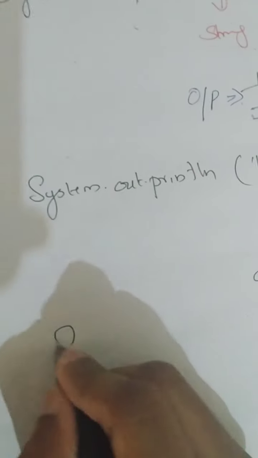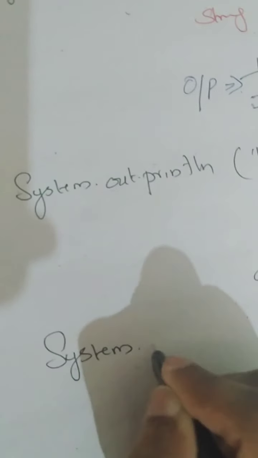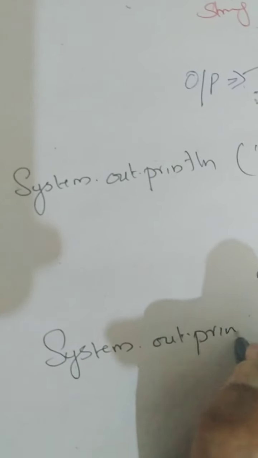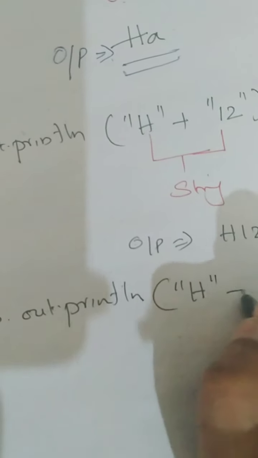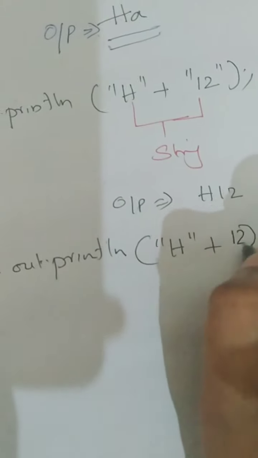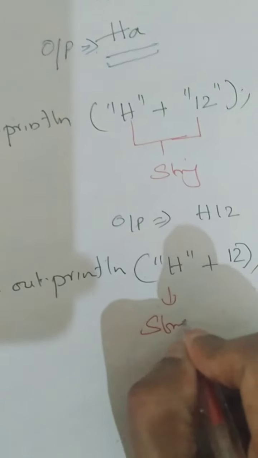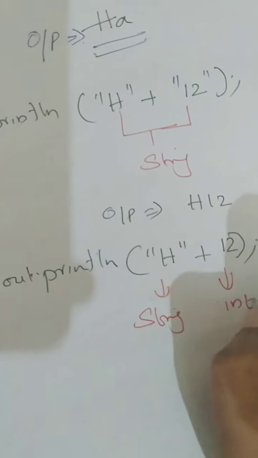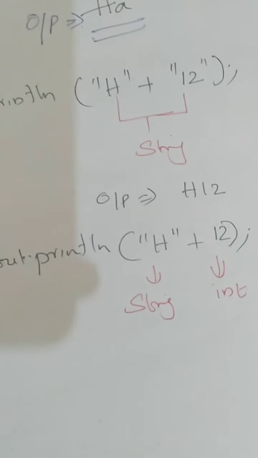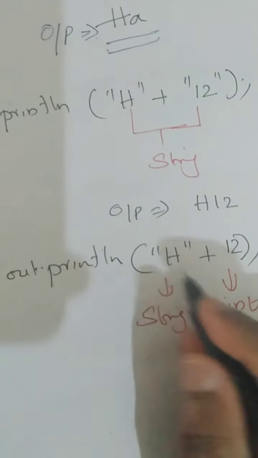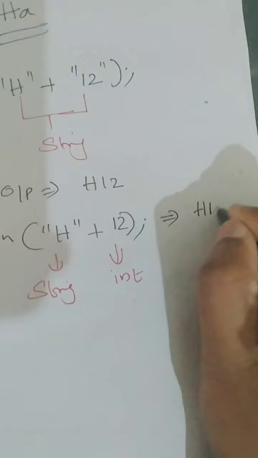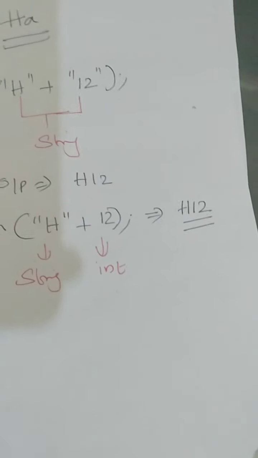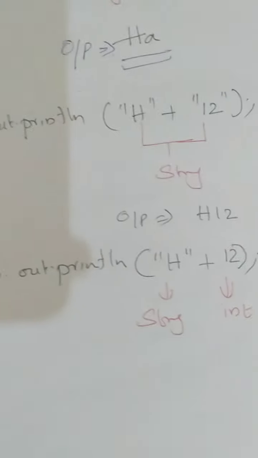Now, this is a string, this is an int. So what will be the output? Again, there is one string, so it will perform concatenation and you will get the output H12.